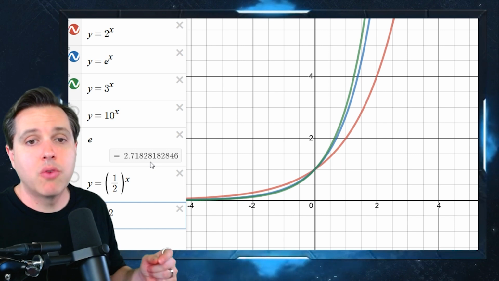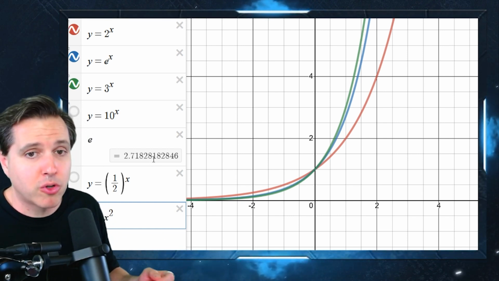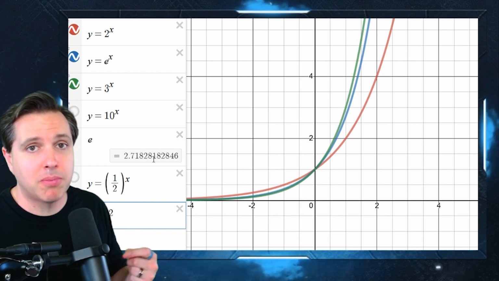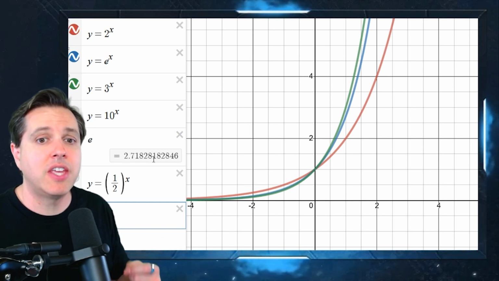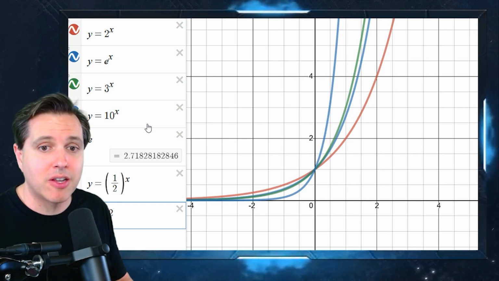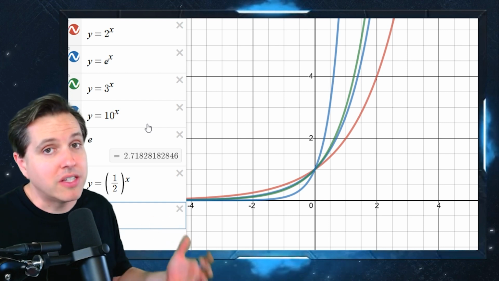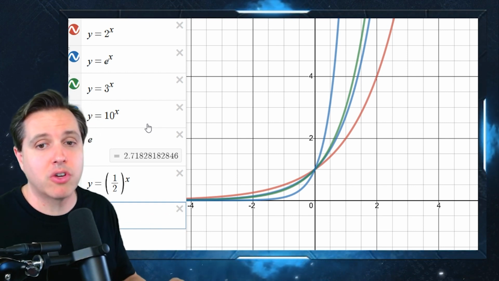Now, when we're dealing with exponents, you'll notice that on most scientific calculators and most graphing calculators, there are special buttons specifically for the exponential involving e. So the exponential base e and the exponential base 10. Because we use a base 10 number system, the base 10 logarithm comes up a lot. And for reasons we'll see as we move through this calculus course, the base e exponential comes up a lot.